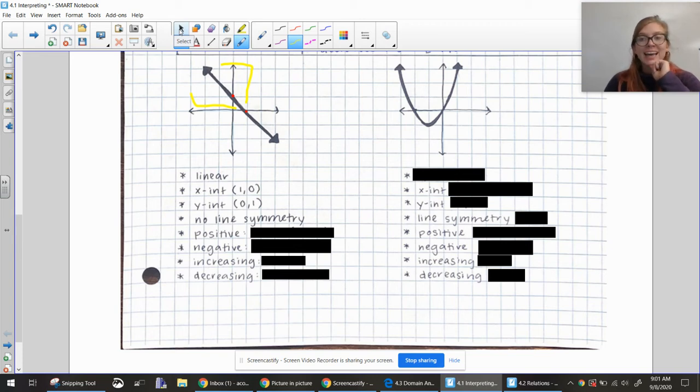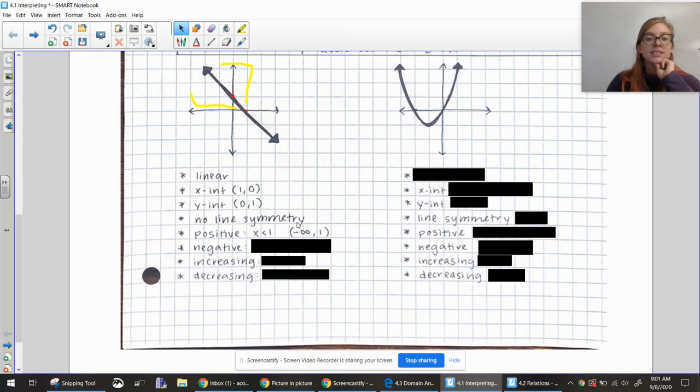We're going to write that as an inequality because we know that it's starting at x equals 1 and then going to all the numbers less than that. So it is positive wherever x is less than 1, or we can write it in interval notation and say it's positive from negative infinity to 1. We use a parentheses here because when it's at 0, it's neither positive nor negative.